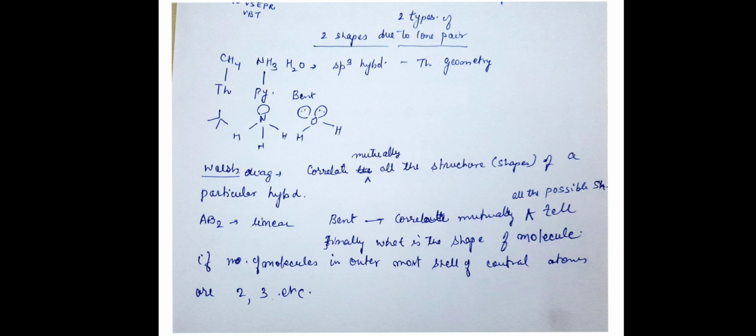Now, how is the Walsh diagram formed? It correlates mutually all the structures and shapes of the particular hybridization. All the shapes are correlated in this.